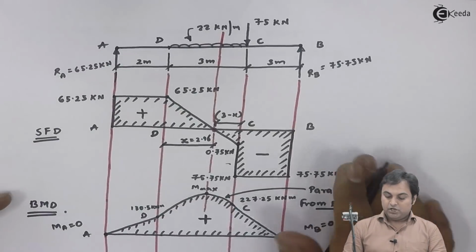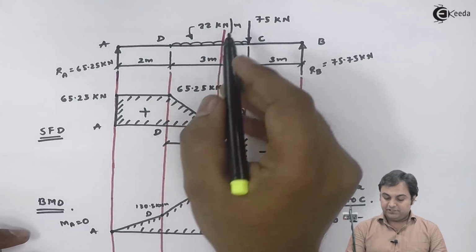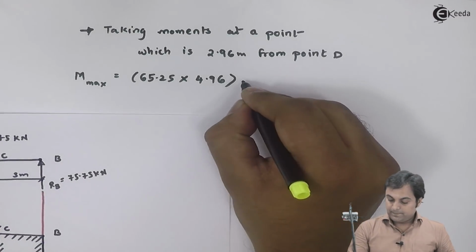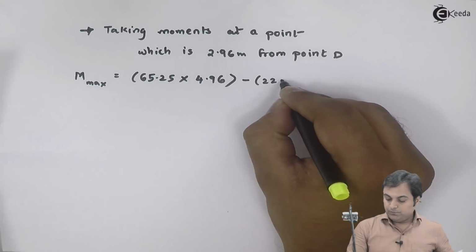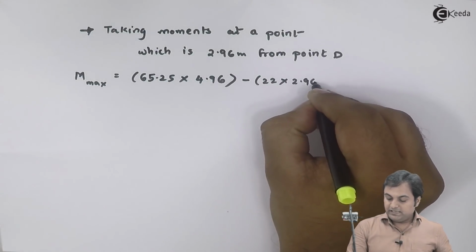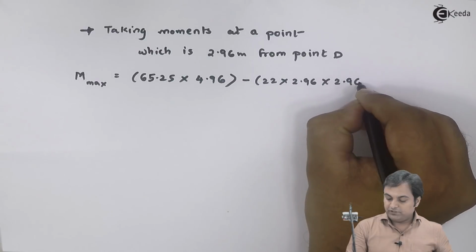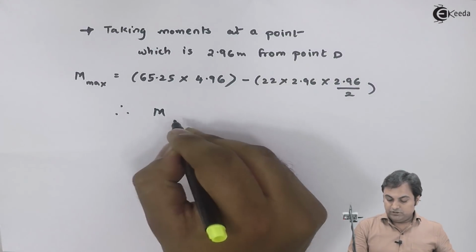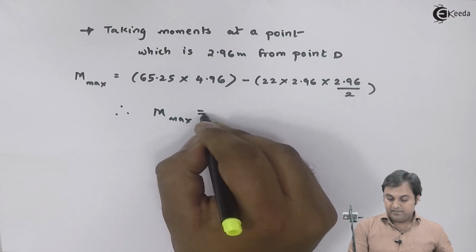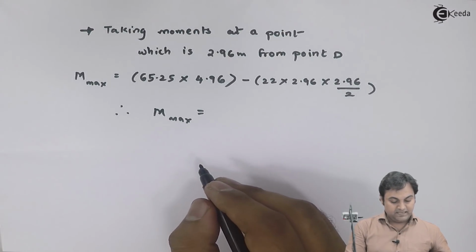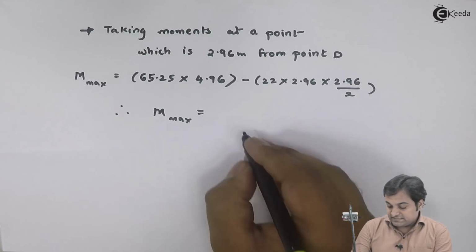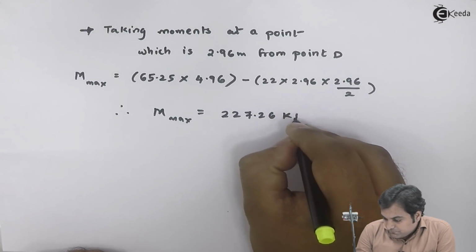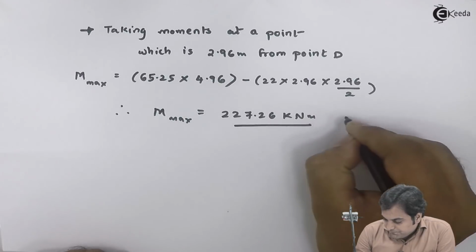Next, this 22 kilonewton per meter will be acting over 2.96 distance. So it is minus 22 into 2.96 acting at half of 2.96. If I calculate all the terms, I will get my answer of maximum bending moment as 227.26. It is fractionally greater than moment at point C.